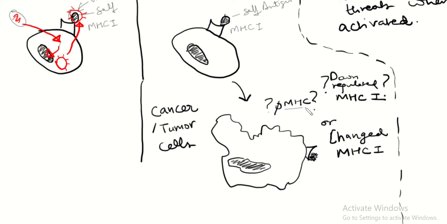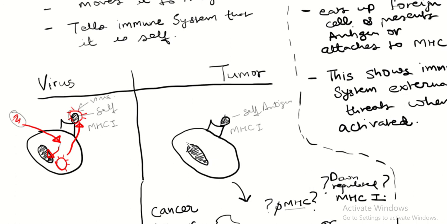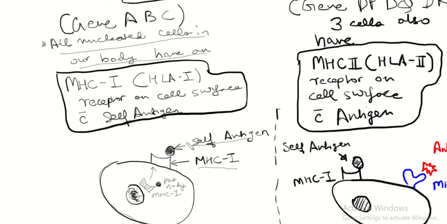Well, it may lose its MHC receptor on its cell surface, and the MHC1 could be downregulated, or the MHC1 has changed. And guess what? If there's a change, that's detected again by our adaptive immunity and our cytotoxic cells, and they tag it and they destroy it. So again, it makes a lot of sense. I love MHC1 because it helps me figure out who me is. Okay?